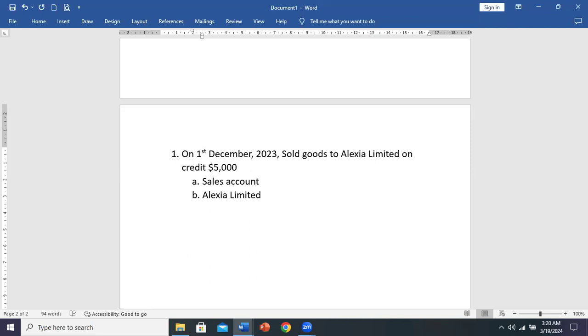Exactly. So you are supposed to credit sales and debit Alexia. Why are we crediting sales? We are crediting sales because if the business is selling goods, asset, stock decreases. And if an asset decreases, we credit it. And here the account that we are supposed to credit is the sales account.